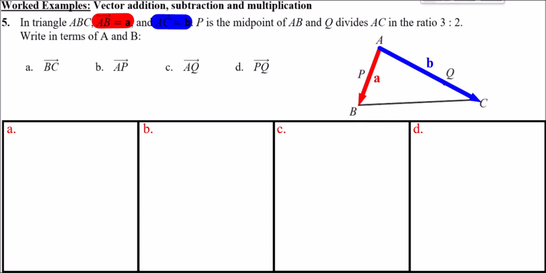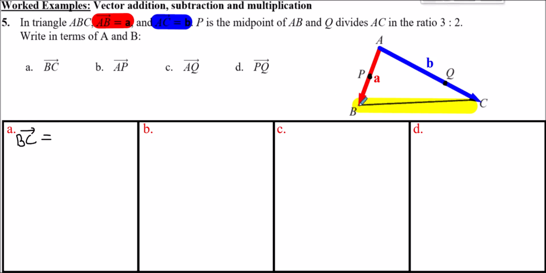So next up, I'll just pop in as well, because it's sort of gone over, P is about here, and Q is about there. So, like I was saying, from B to C is along here.